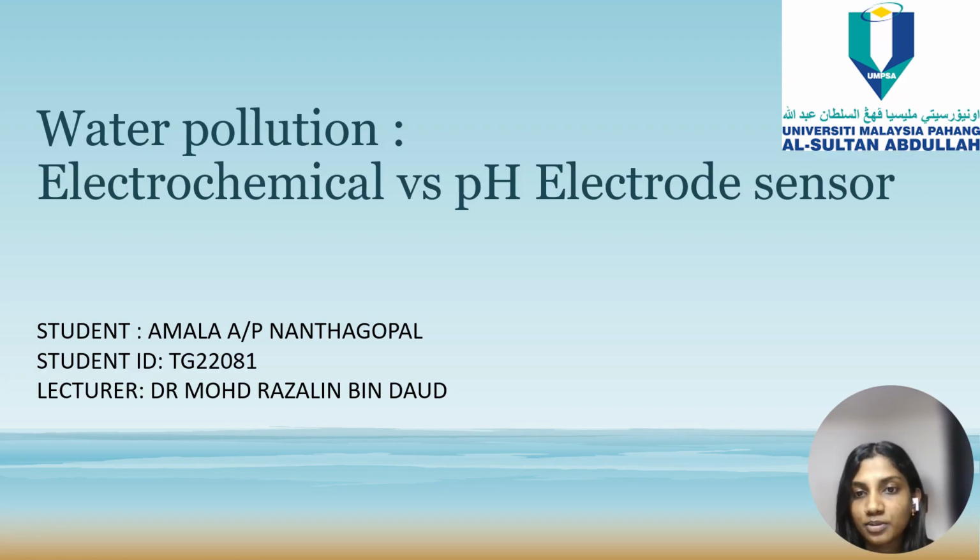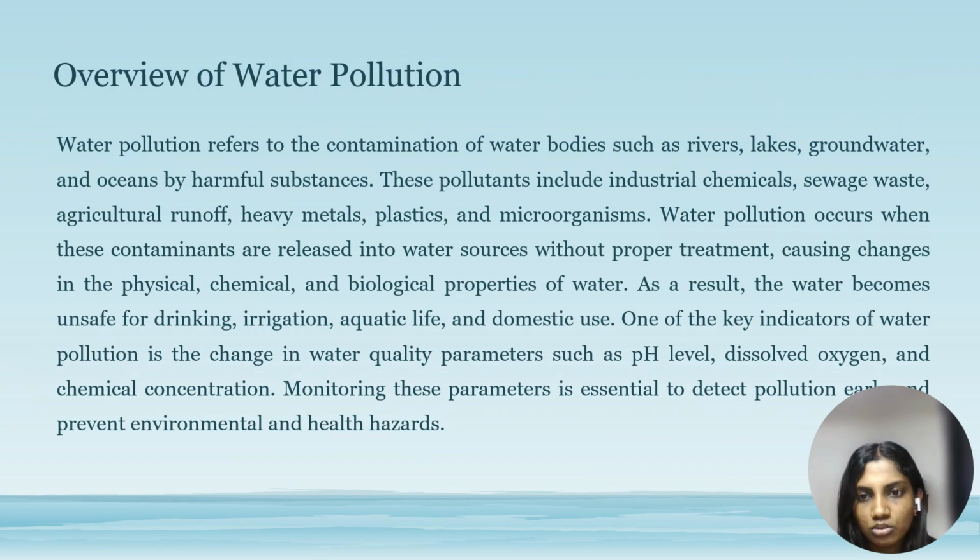So today I would like to present about water pollution, which is electrochemical versus pH electrode sensor. So, water pollution is referred to the contamination of water bodies such as rivers, lakes, groundwater, and ocean by harmful substances. So, these pollutants include industrial chemical, sewage waste, agriculture runoff, heavy metals, plastics, and microorganism.